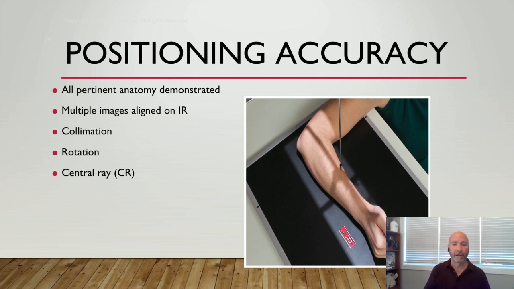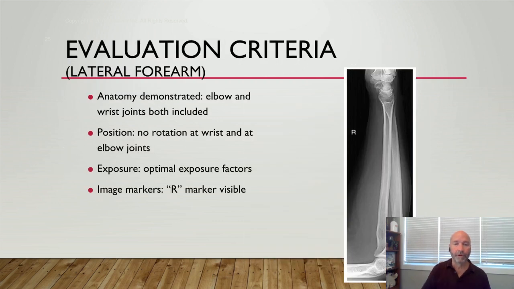You've got collimation, you've got rotation. Is there a rotation present? If there is rotation present, is the amount of rotation acceptable? Not every x-ray is going to be perfect. And then is your central ray location proper? So again, in this forearm, we want to be able to visualize from the distal carpal bones, which are your wrist bones, all the way up to the proximal portion of the forearm, really the distal portion of the humerus.